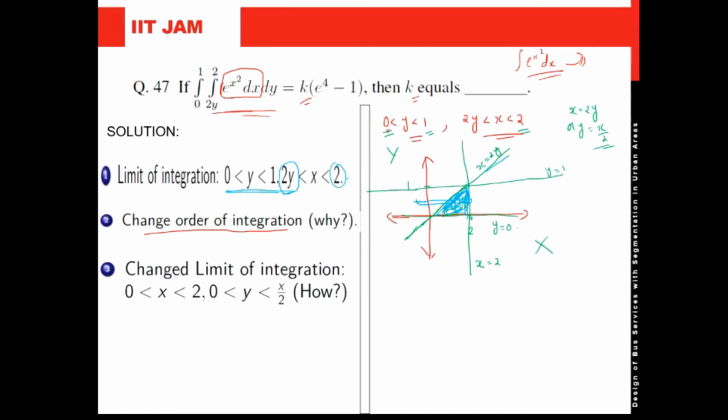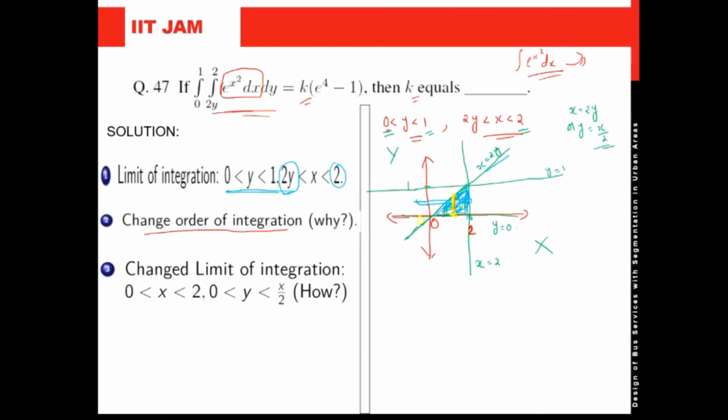So now what we will do is take a vertical strip. This strip moves from 0 to 2.